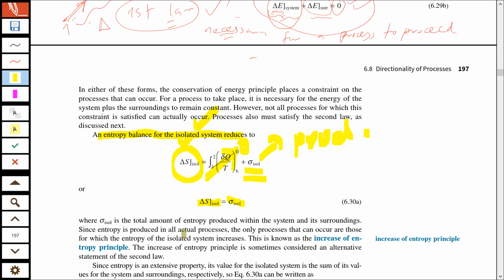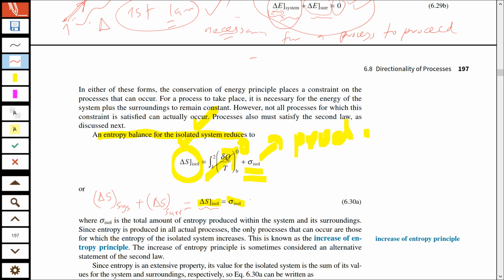Now we can do the same as we did before. Because entropy is an extensive property, I can break this left-hand side down into two parts. I will have change of entropy for the system of interest and change in entropy for the surrounding, SURR.